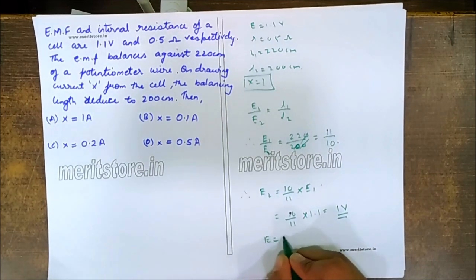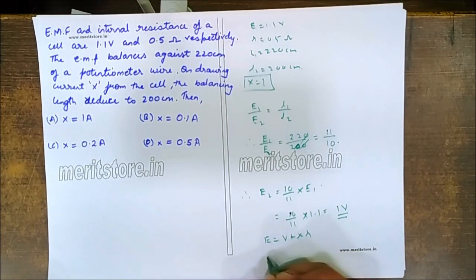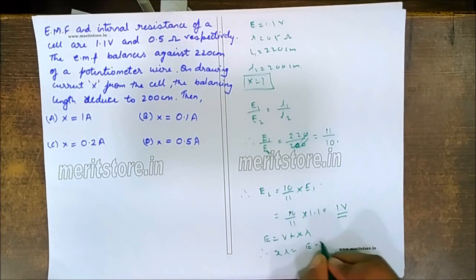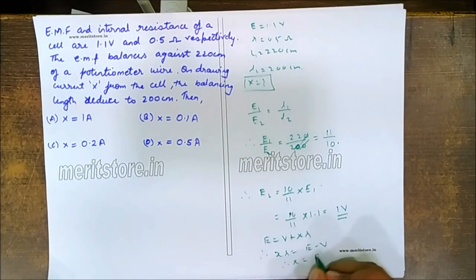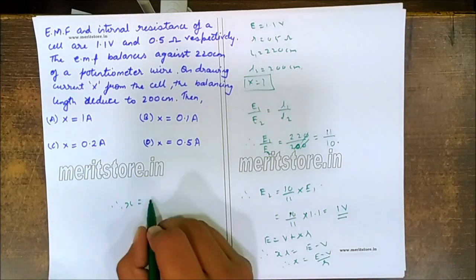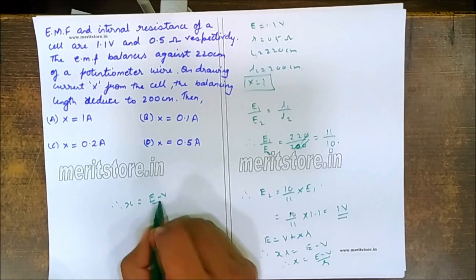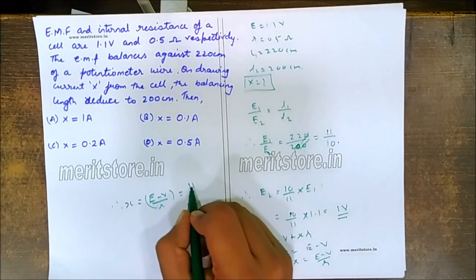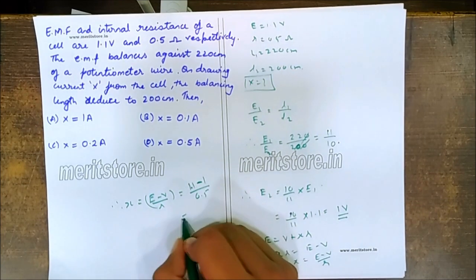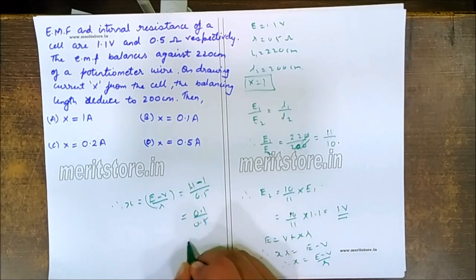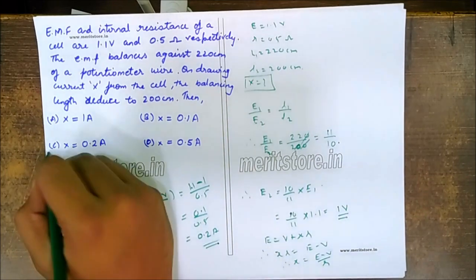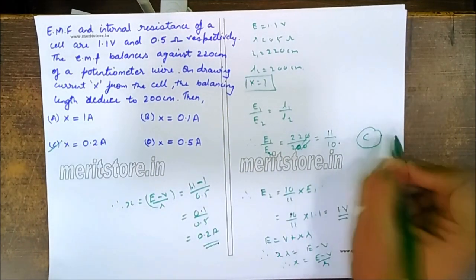Now E is equal to V plus X into r. Therefore X into r is equal to E minus V, and X is equal to E minus V upon r. So X is equal to 1.1 as E, V is 1, upon r is 0.5. So this becomes 0.1 upon 0.5, which is 0.2 amperes. Option C.